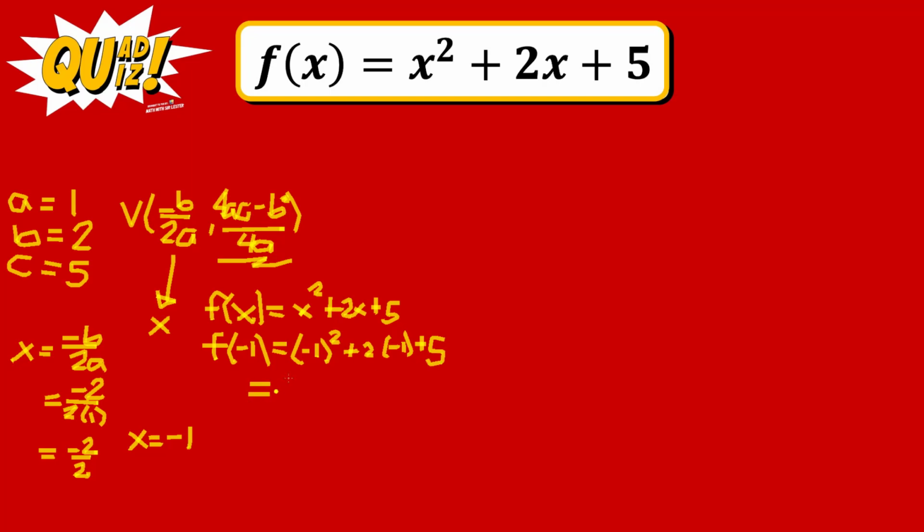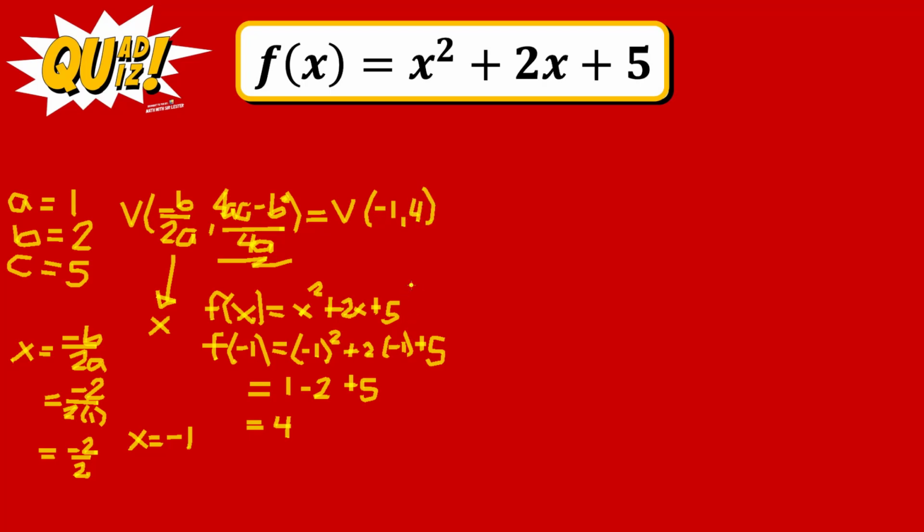The square of negative 1 is positive 1. You have minus 2 here, and you have plus 5. So the result for our y coordinate, or f of x, where x is negative 1, is positive 4. This would mean that our graph will change its direction at negative 1 and 4.